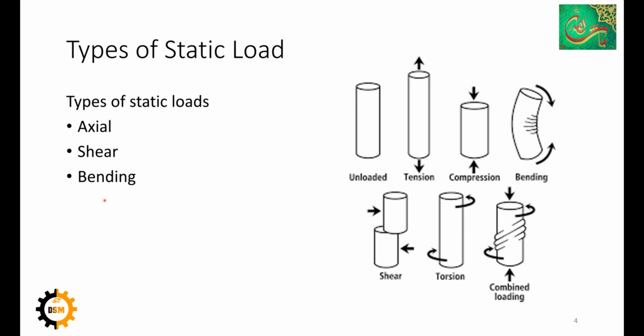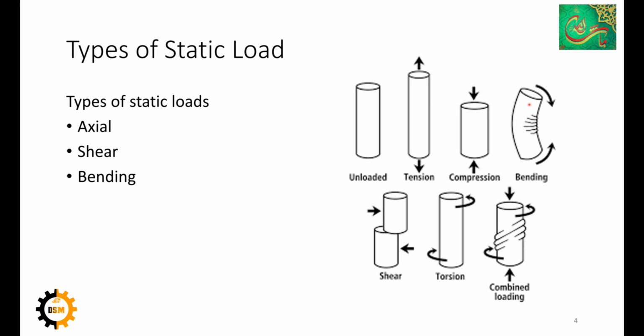The third type of loading is the bending load. This figure shows a cylinder being bent. The forces apply a moment in such a way that the element takes the shape of a cup from one side and becomes convex on the other side.